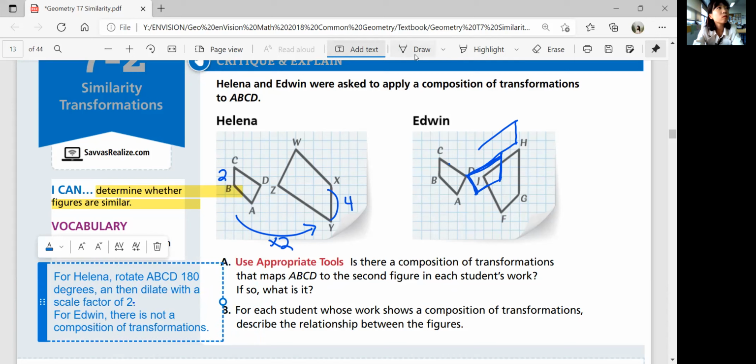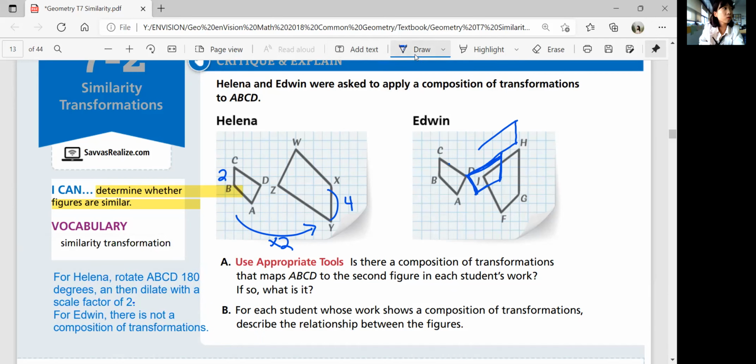Okay, part B, for each student whose work shows a composition of transformations, which is Helena, describe the relationship between the figures. What is the relationship between these two figures? Can we say they're congruent?